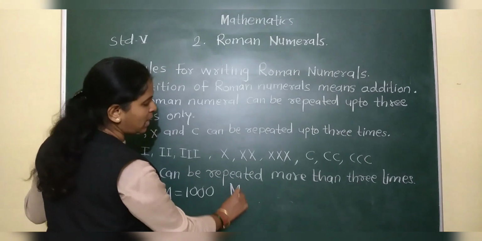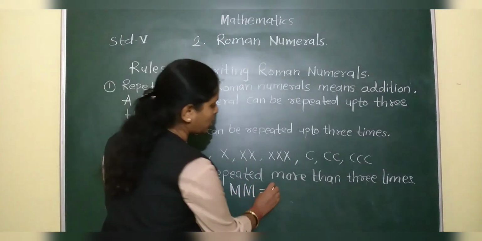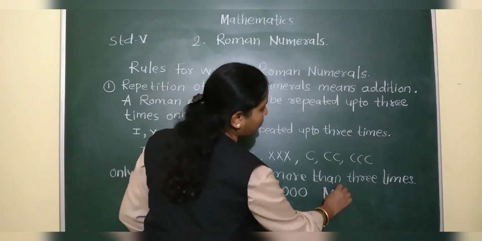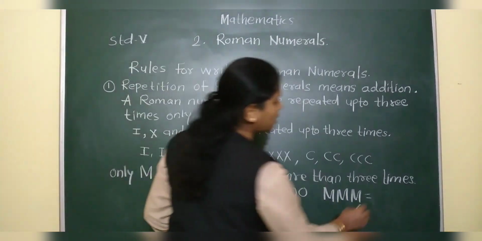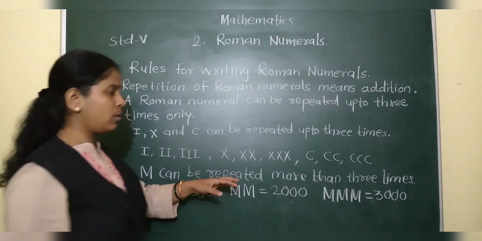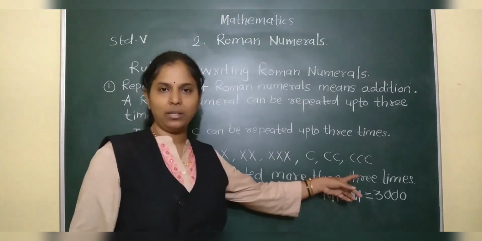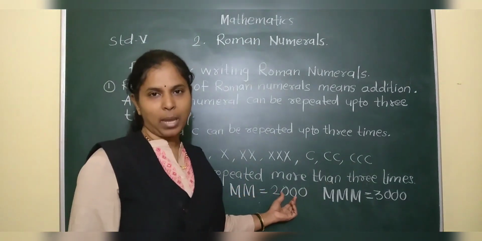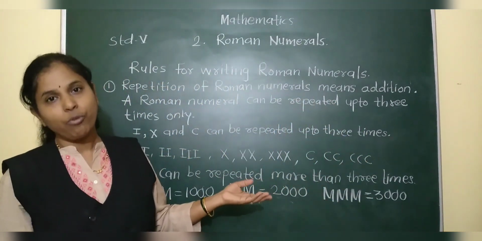Okay. 2 times M means we have to add 1000 plus 1000, that is 2000. 3 times M means 1000 plus 1000 plus 1000, that is 3000, and so on. Means not only 3 times, we can write more times. See, M can be repeated more than 3 times. So M stands for 1000, 2 times M is 2000, 3 times M is 3000, 4 times M is 4000, and so on.